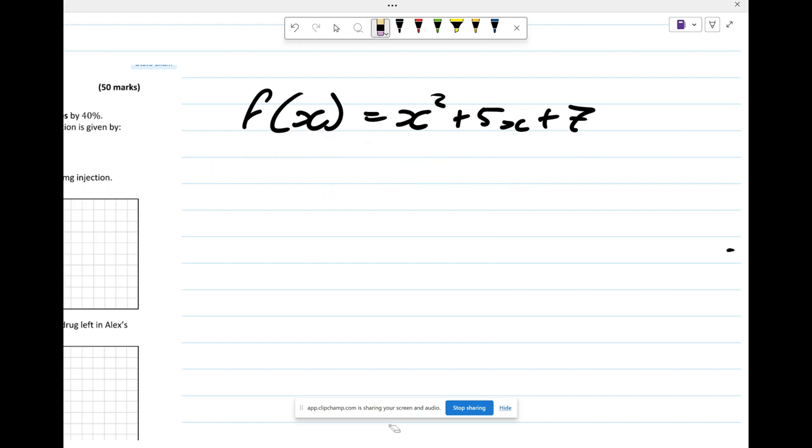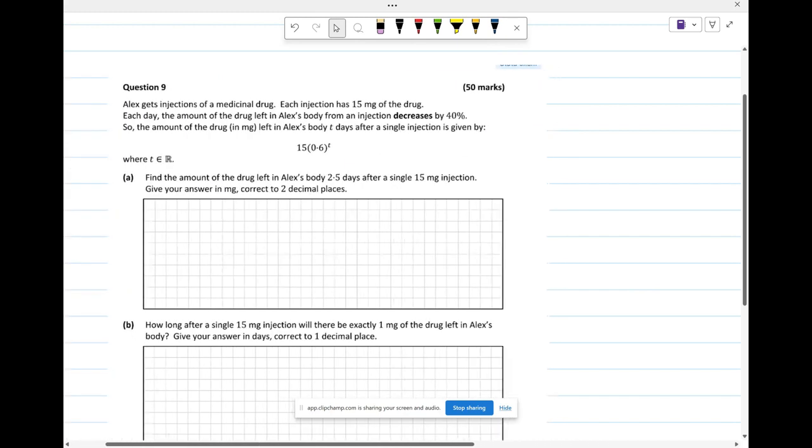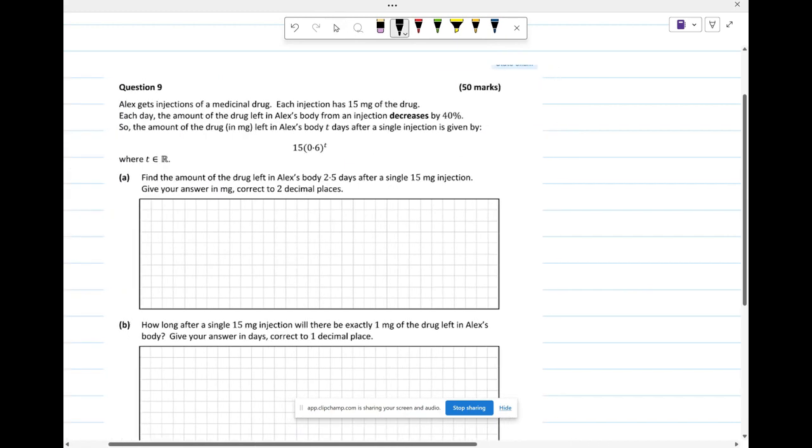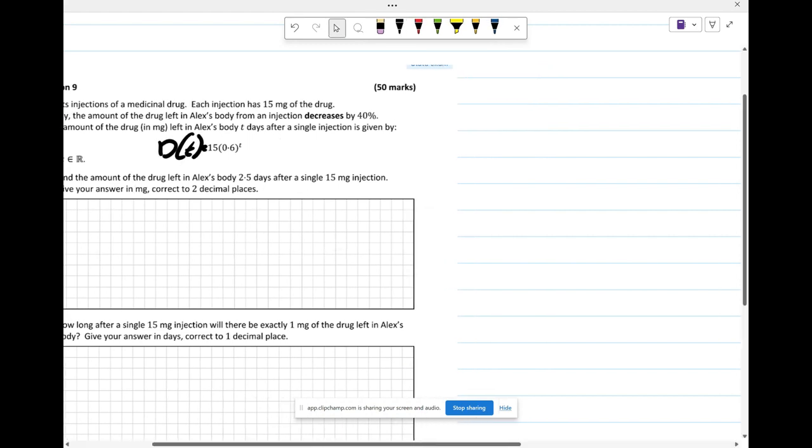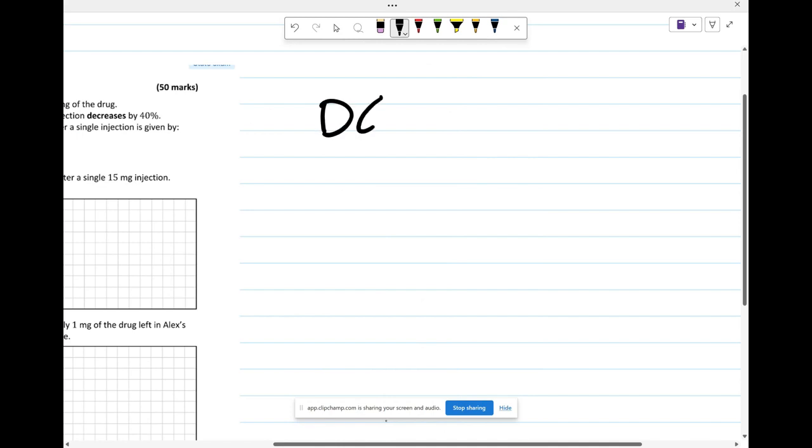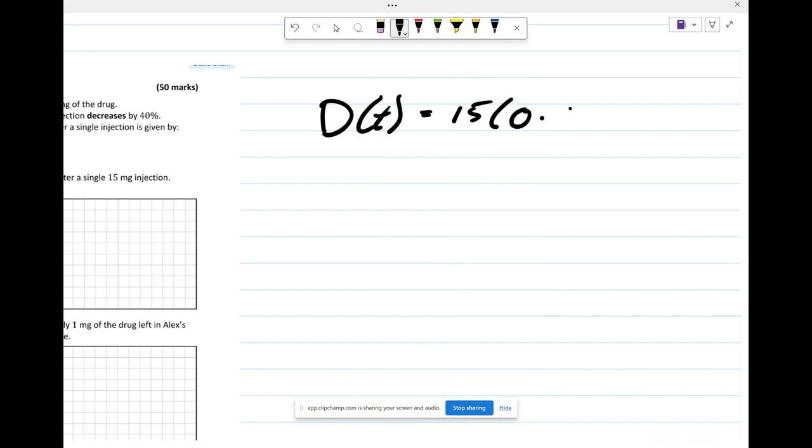Okay, here we have the exact same thing, but this time they've just left out the notation. So they could write, what is it? It's a drug. So let's write D of t is equal to this. So we could write the function D with an input of t is equal to 15 times 0.6 to the power of t.